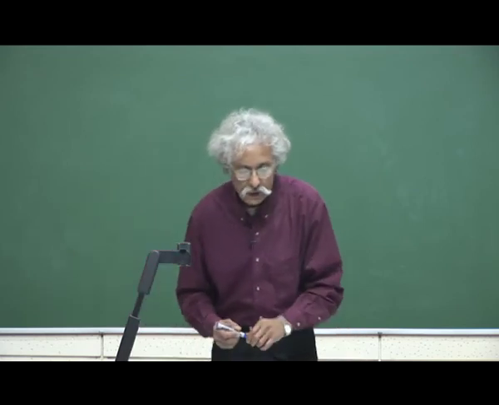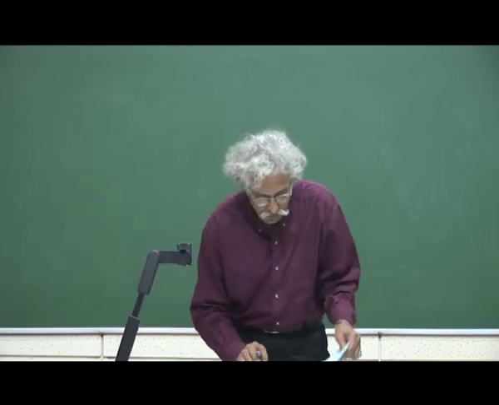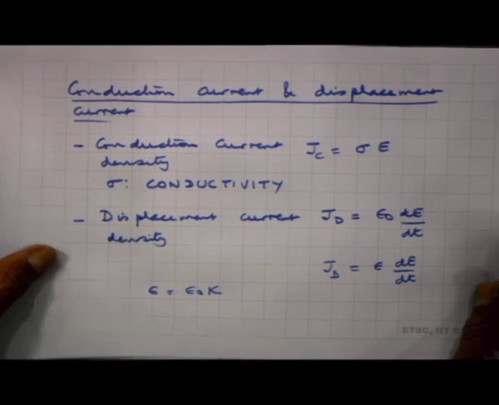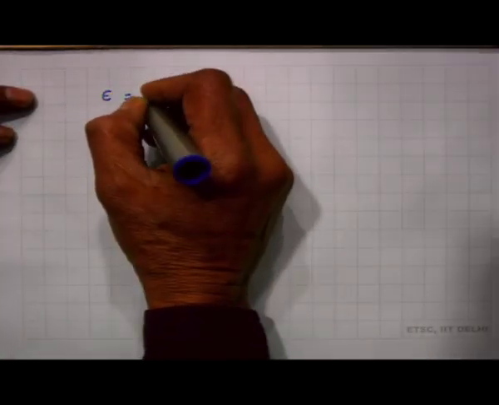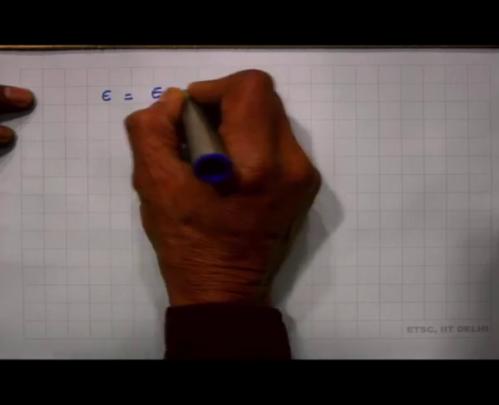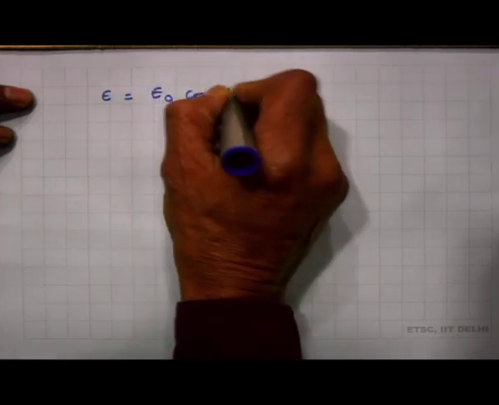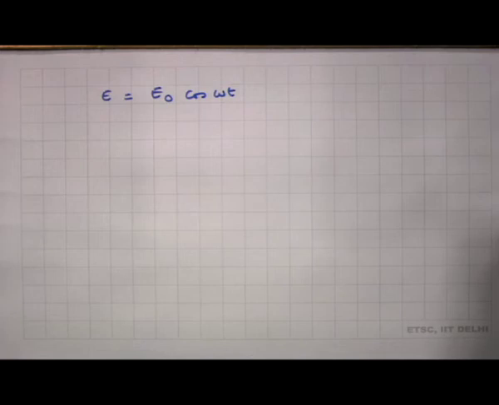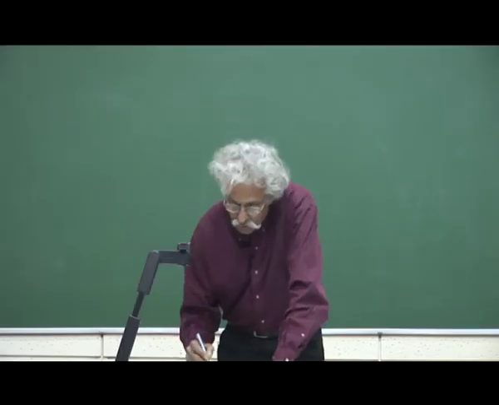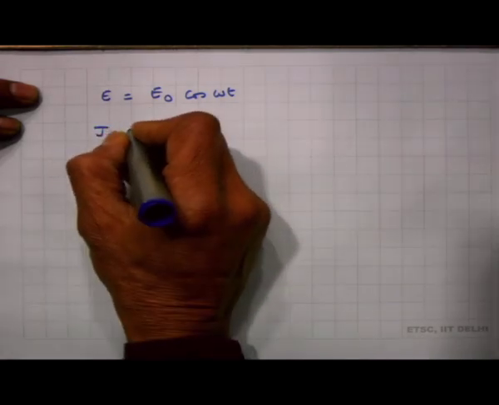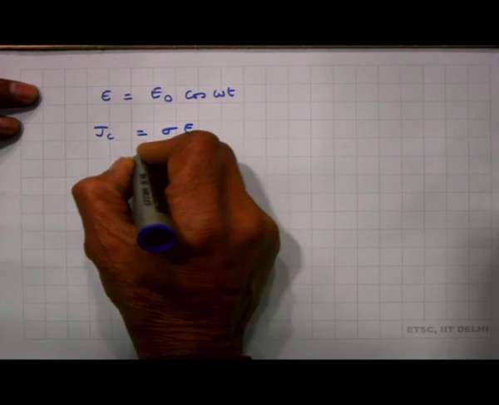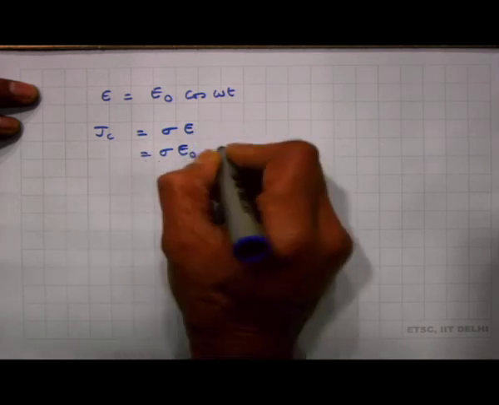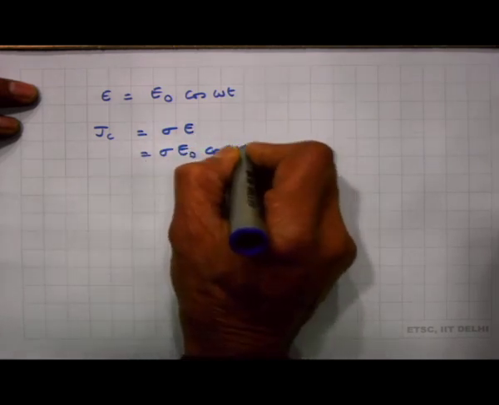As an example, I want to look at the ratio of these two. Let me take an electric field which varies as E0 cos omega t. So, I have an electric field which is oscillating with time at frequency omega. The conduction current density will be sigma E, which is equal to sigma E0 cos omega t.